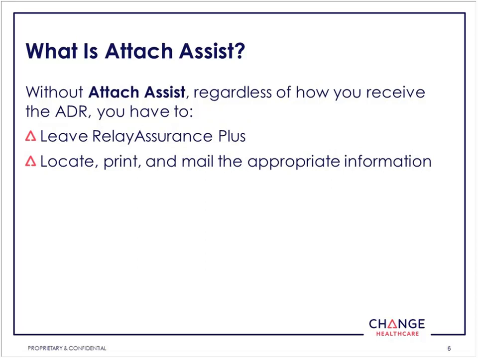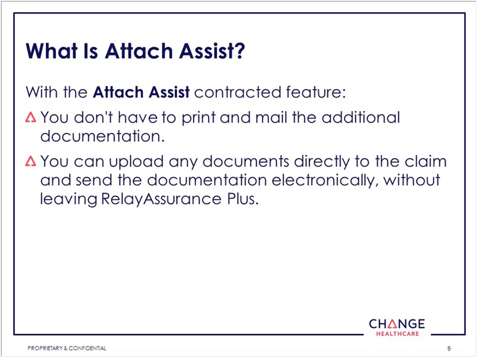Without Attach Assist, you would have to leave Relay Assurance Plus. You'd have to locate the document, print it out, and then mail that document with the appropriate claim in order to get that process rolling. But with Attach Assist, you're able to upload that document to the actual claim itself, and it goes electronically.